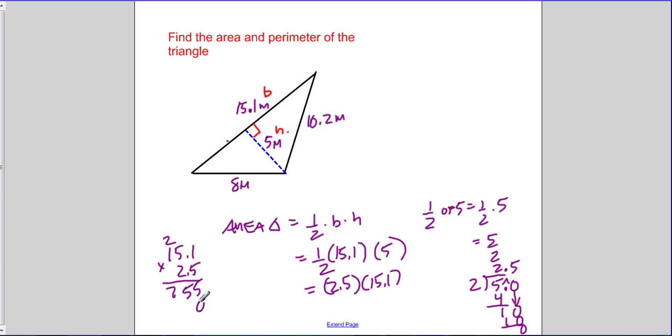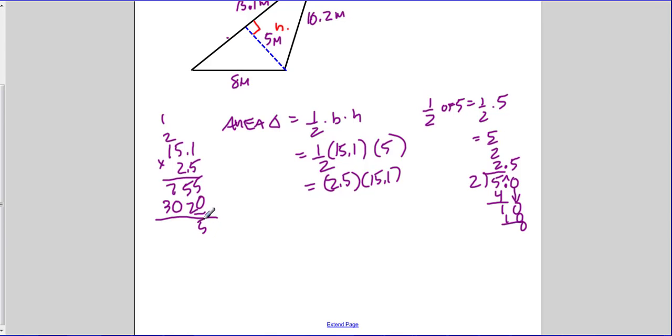That's the first row, with a placeholder 0. 1 times 2, 2 times 5 is 10, carry a 1, 1 times 2 is 2, plus 1 is 3. So adding these up, there are 2 places behind a decimal point, so move it 2 places to the left, and I have 37.75 square meters.